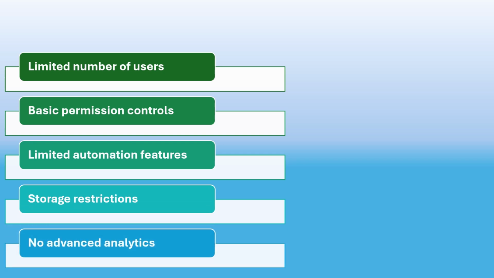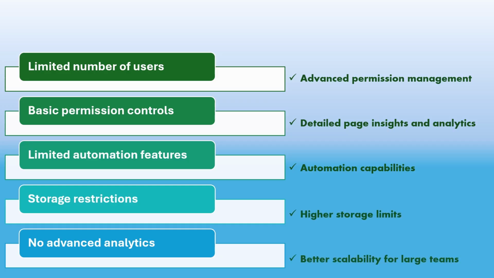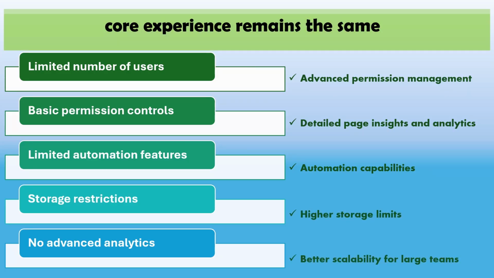In paid plans like standard and premium, you get advanced permission management, detailed page insights and analytics, automation capabilities, higher storage limits, and better scalability for large teams. But importantly, the core experience remains the same. So in this tutorial, we will be using the cloud version, working within the same ecosystem as Jira, and focusing on building practical real-world skills stepwise.